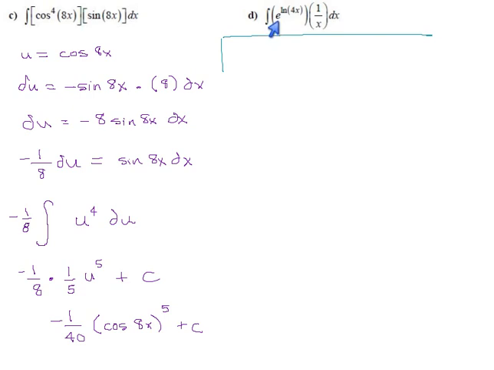We have here an exponential of base e, and the natural log is a logarithm of base e. So when they write e to the natural log 4x, what they're writing is e to the log base e of 4x. And then we have 1 over x dx.